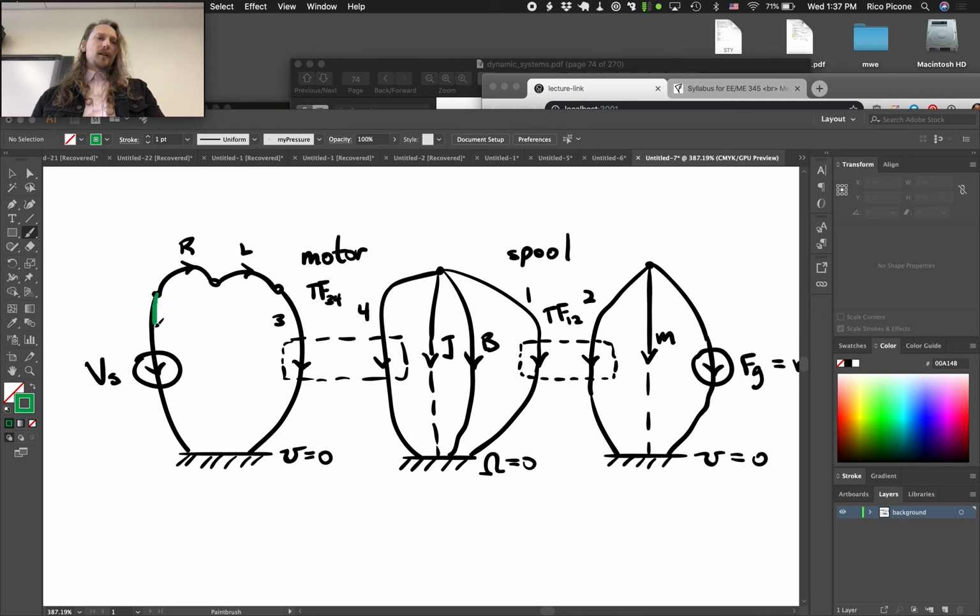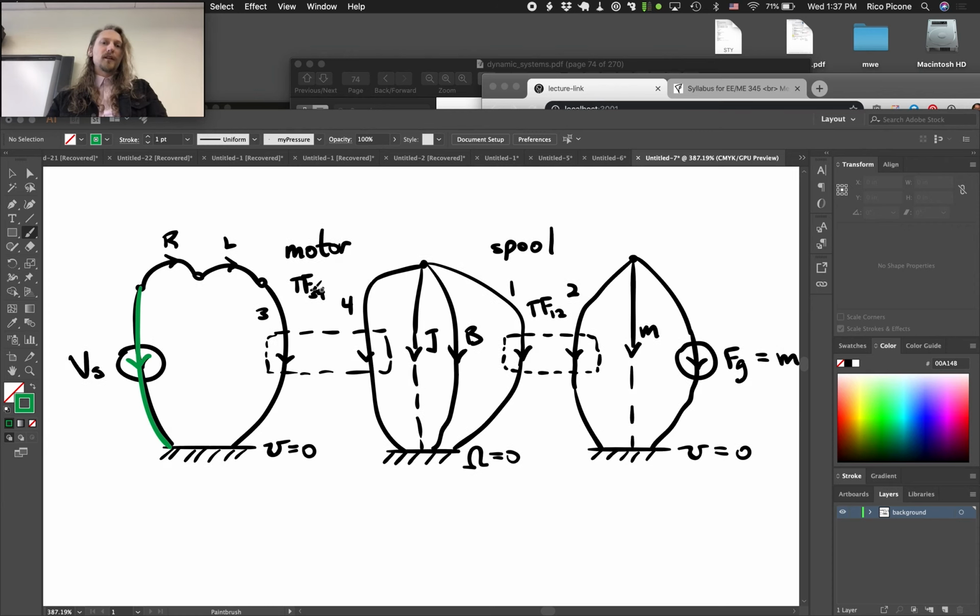So I'm not going to select them explicitly, but we know they're all in it. Cross-variable sources are first. Remember, with transducer elements, this gets a little bit weird, right? Because we have that extra step in there, and that extra step actually has some caveats to it. So we're going to see one of those caveats in this problem, actually. So we've got the VS here. No other cross-variable sources. FG is a force source, which is a through variable, so a through variable source. So we don't include it.